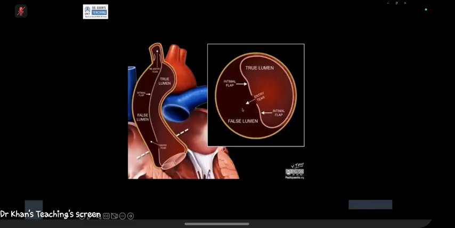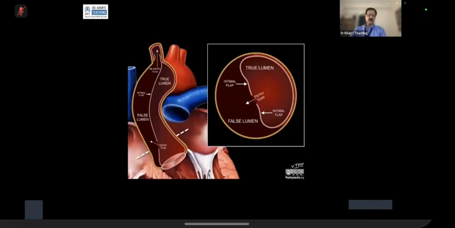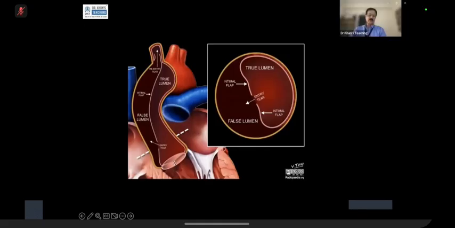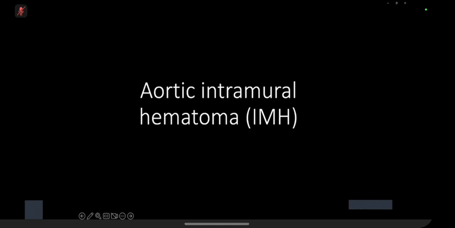The key point which the examiner will ask you is which one is the false lumen and which is the true lumen. Trace the true lumen back to the left ventricle, and please remember the true lumen might be smaller than the false lumen. So trace it back, and then you are very confident that this is the true lumen.